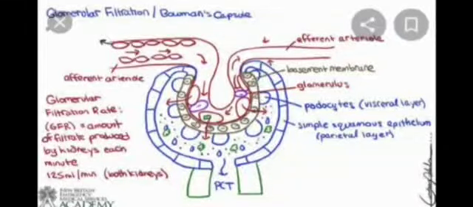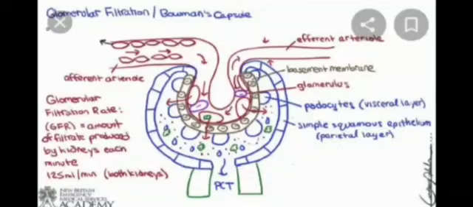This is a structure of glomerulus and the Bowman's capsule. As I have already mentioned, the Bowman's capsule is made up of two layers. It is a double layer cup-like structure.